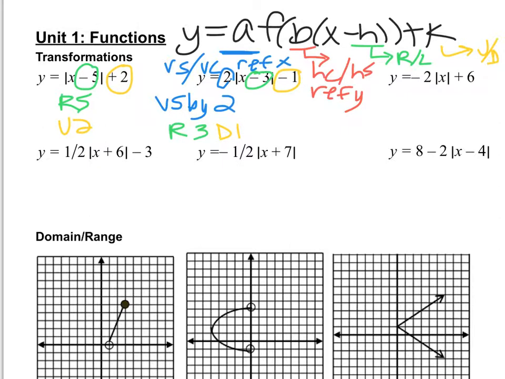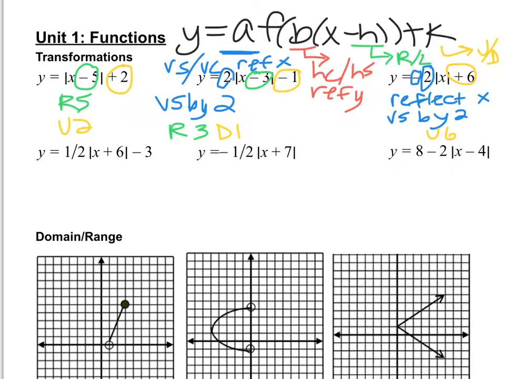Next, our number in front has 2 pieces. It has the negative and it has the 2. So the negative tells me that I'm reflecting over x. The 2 tells me I'm vertically stretching by 2. And then at the end, I have plus 6, so we're going up 6.